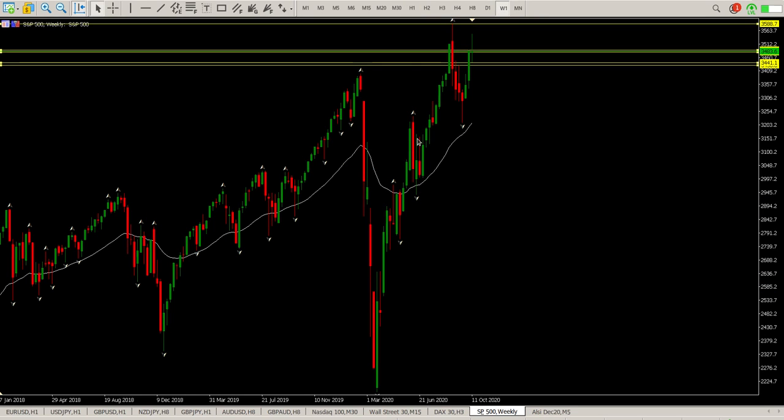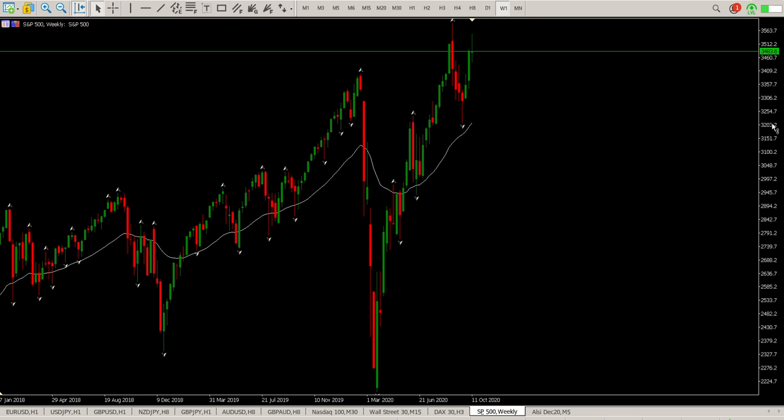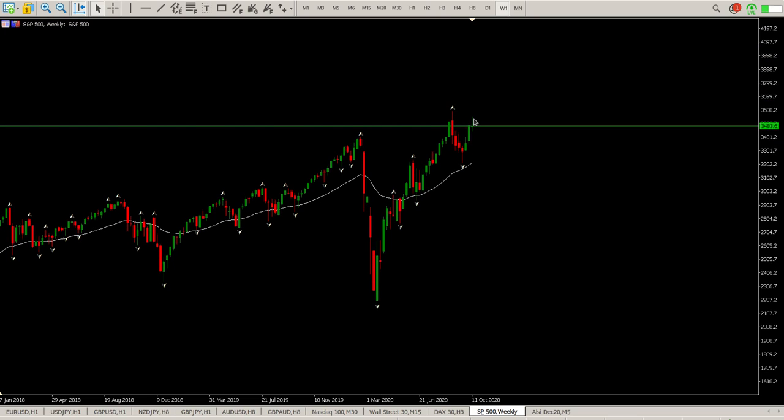The other thing to bear in mind is the weekly bar at the moment, just get rid of the noise, is pretty much a range bar. So if the bulls want to gain control of this move still, they're going to need to get this to close up higher. So it is higher at the moment, but we need a body of a close higher than last week's close. So that is probably the big thing that we need to pay attention to.